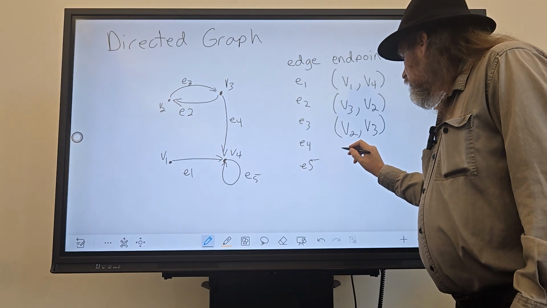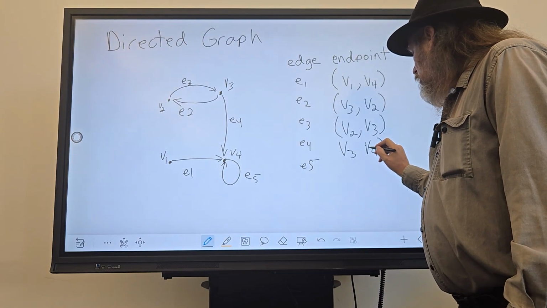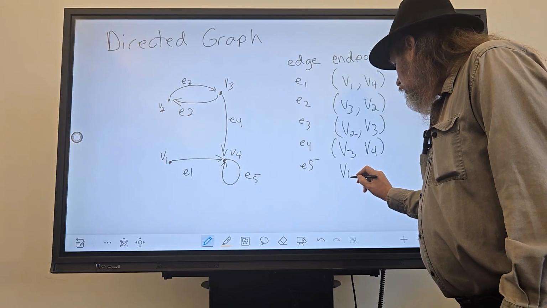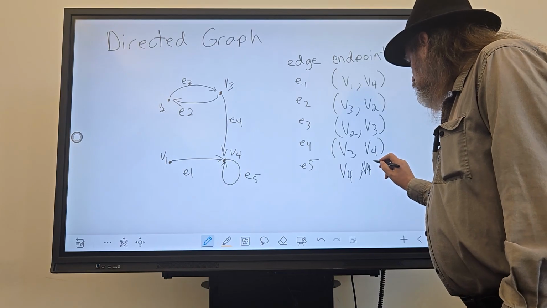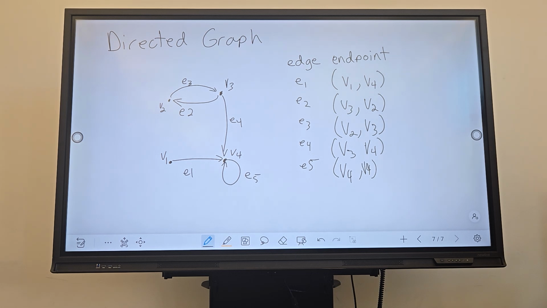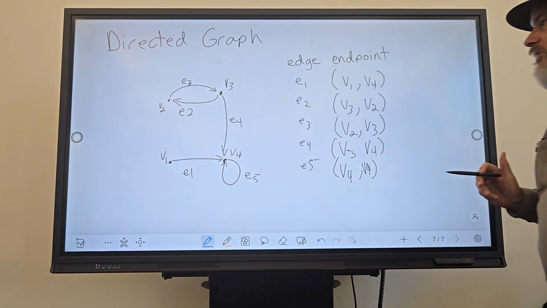E4 would be V3 to V4. And E5 would be V4, V4. So these two here are not the same because the arrows are going in different directions.